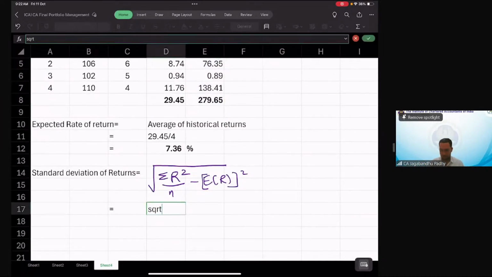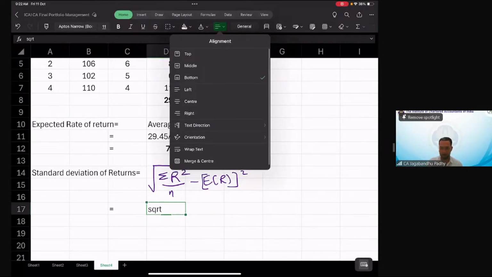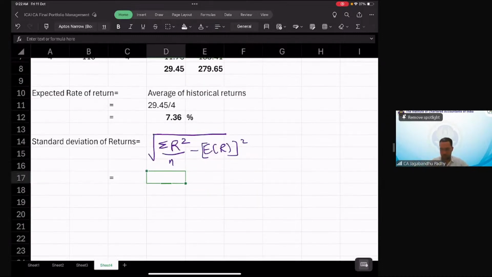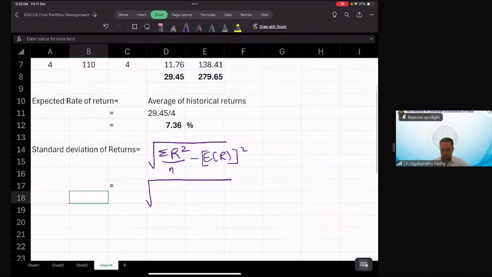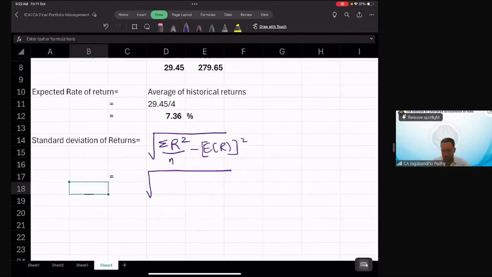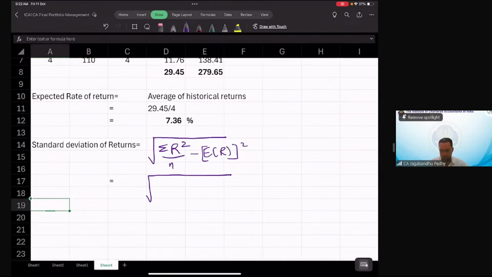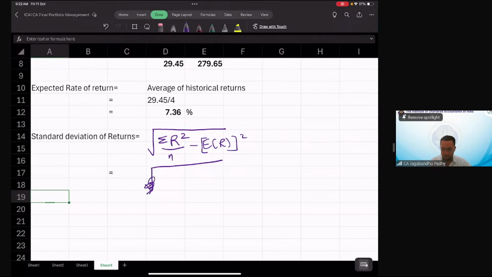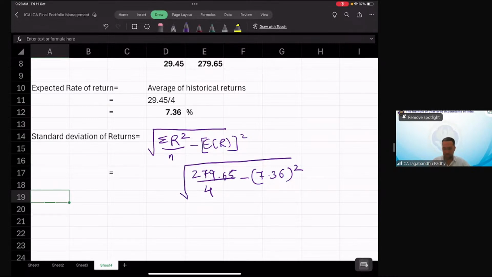So the standard deviation will be computed using this number. That's going to be the square root of, let me just write it and solve it, the summation of R square, which is 279.65, divided by 4, minus 7.36 square, and this entire thing will be placed inside the square root.